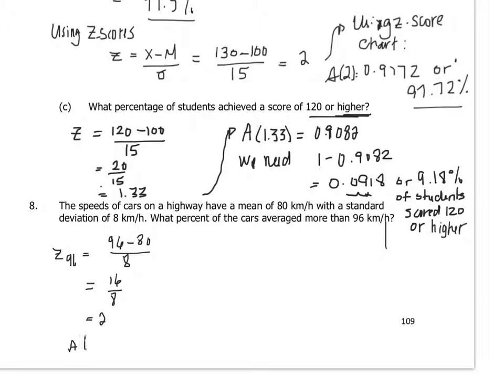That's going to give you 16 over 8, which is 2. We did that one a few minutes ago on the z-score chart, and we know that that's 0.9772. But that will give us the percent of data that's less than 96. We want the ones that average more than 96, so we need 1 minus 0.9772 to get to the right of 96.